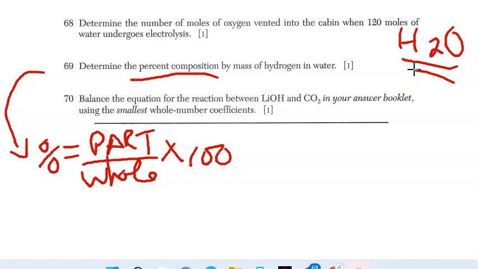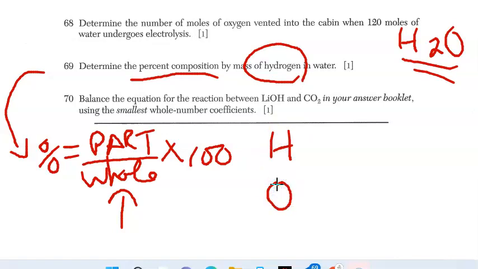So literally, the whole here on the bottom, because I have a compound formula, is just the gram formula mass for water. And then the part, since it's mass of hydrogen in water, that's going to be the contribution for the part. I like to show my students, let's just calculate the gram formula mass. We'll get the whole thing, and then the part will pull from this line for hydrogen.